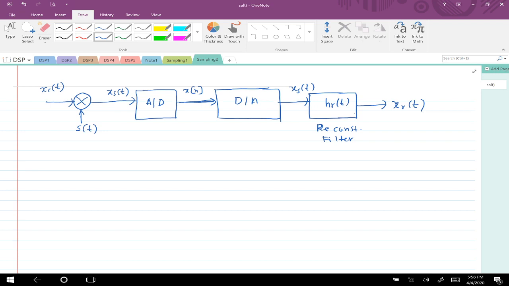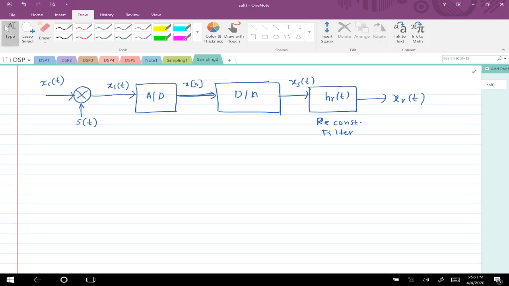Some things which we already derived in the previous class, let me quickly note them down here. The impulse train which you give here is nothing but the sum over n from minus infinity to plus infinity of delta of t minus nt, where t is the sampling period and omega s is the sampling frequency.